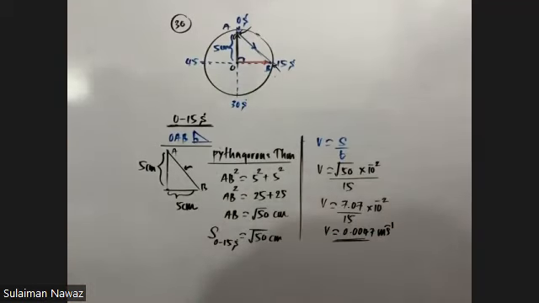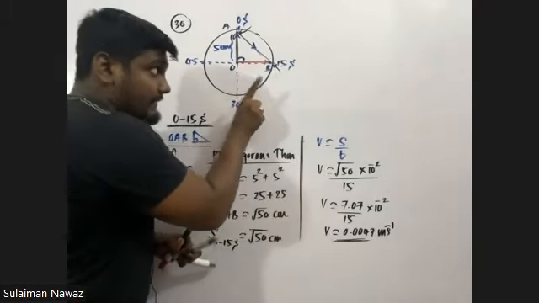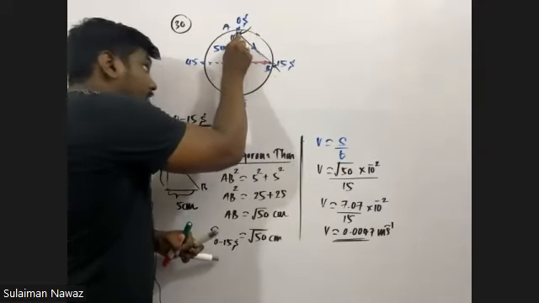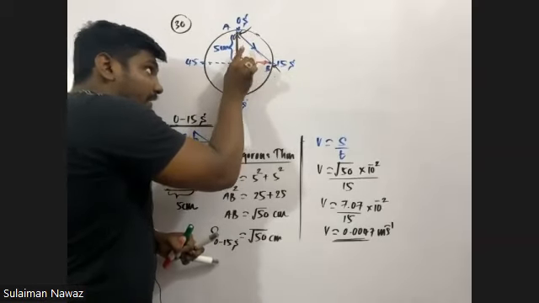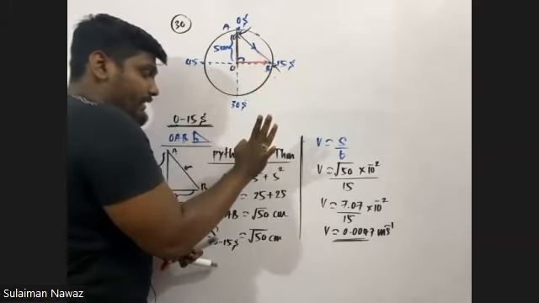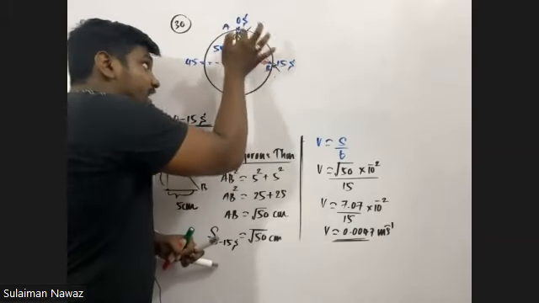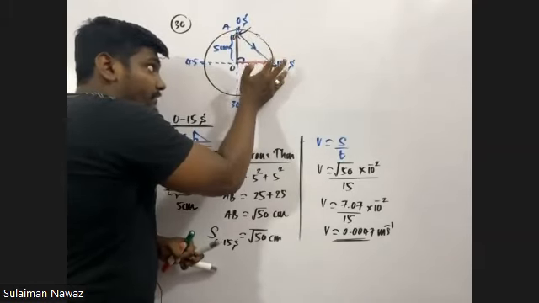Now look at here. Next they are asking, listen very carefully. First they asked, when this tip of the second hand moves within 15 seconds, what is the displacement of the tip, right? Displacement of the tip means the shortest distance between the initial point of the tip and the final point of the tip, right?